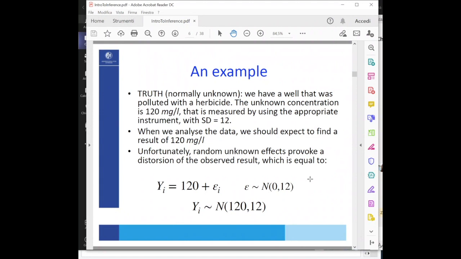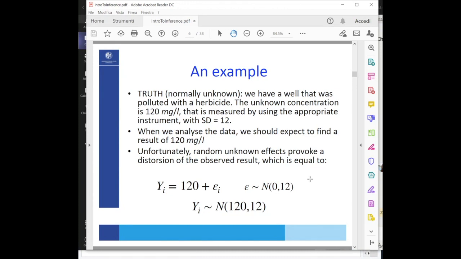Now you understand better. We have a well that was polluted with a herbicide. A herbicide is a compound which kills plants. And you might wonder why I want to kill plants if I am a plant breeder. I want to kill the weeds, the weed plants.